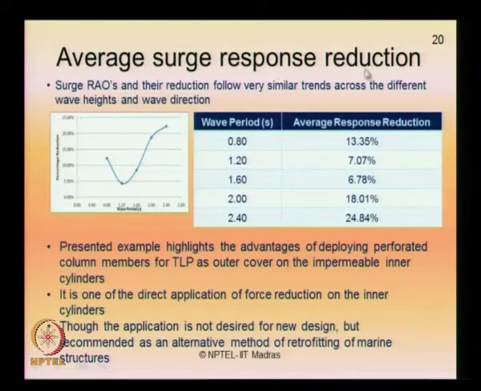So, you can also see from the table here the average reduction varies from 13.35 and drops down to 7%. So, there is a critical value of wave period in the experiment conducted at which the reduction is lowest, but once you skip this region then the reduction becomes as high as 25%.